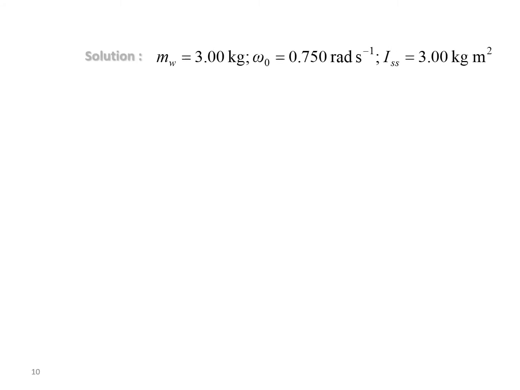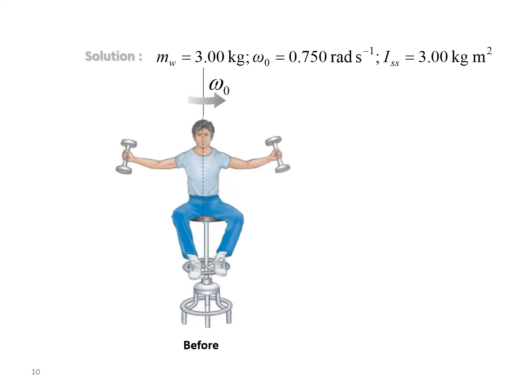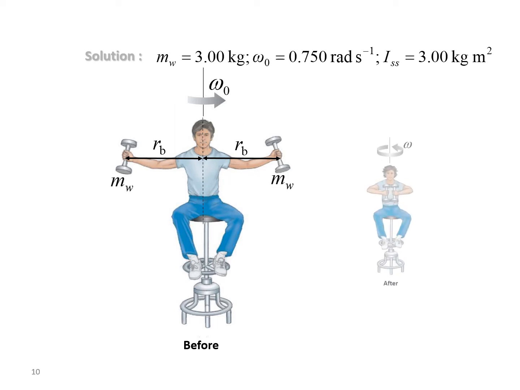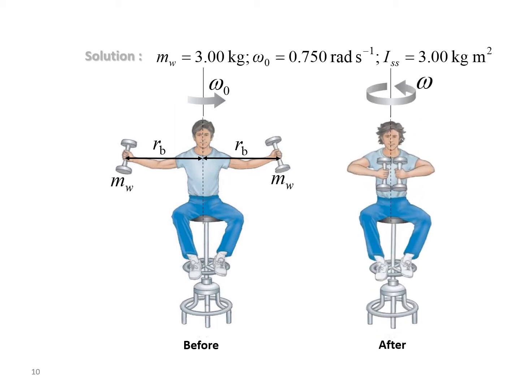So the mass is given, the initial angular velocity is given, and the moment of inertia of the stool and student is also given. So, the rotation axis, the perpendicular distance of the weight from the axis of rotation, and then for the after, the distance will become closer, which will be 0.3.